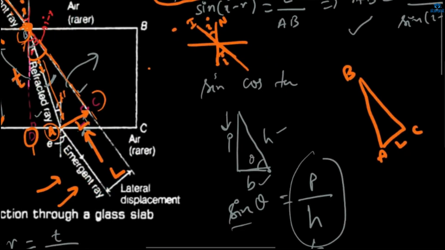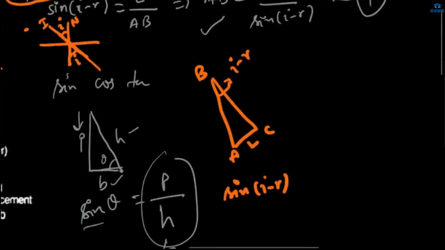So we will be having this angle as I minus R. So sine I minus R will be what? Will it be L by AB? Because this will be perpendicular upon hypotenuse, right?